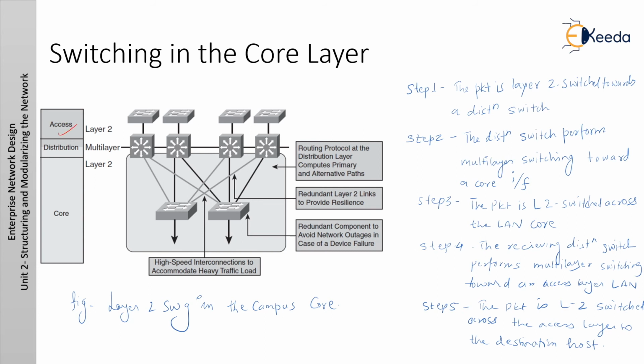So here it is access, distribution and core layer, and different switches are there. So these are the multi-layer switches between the distribution, core and access layers. Layer 2 switching or multi-layer switching, also known as routing, can be used in the core layer because core devices are responsible for accommodating failures by routing traffic and responding quickly to network topology changes.